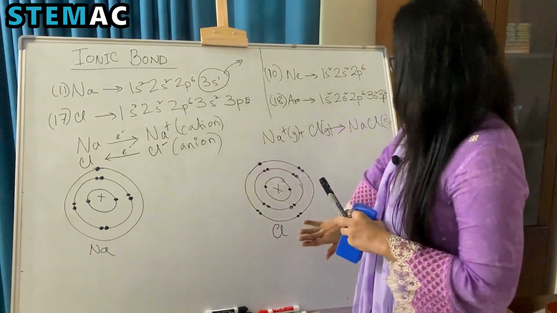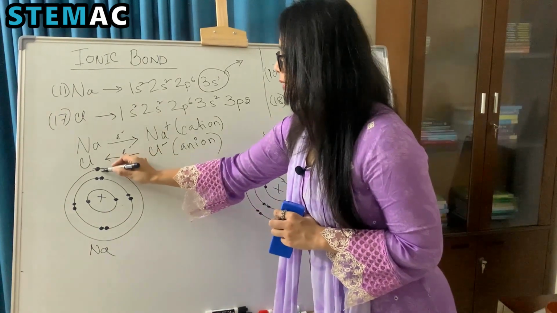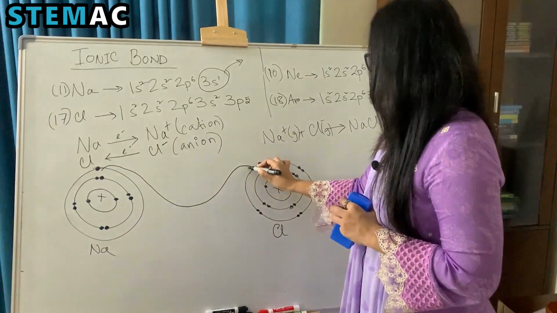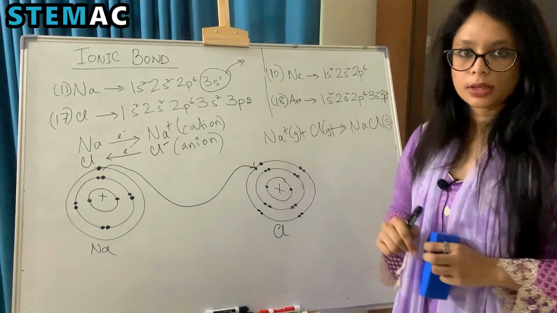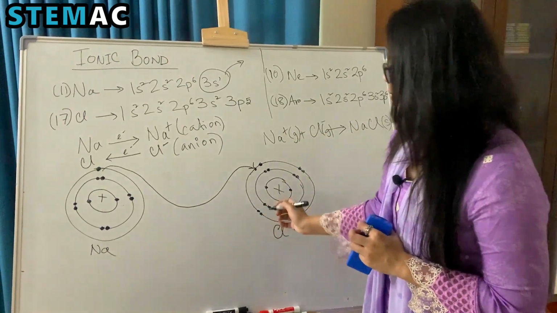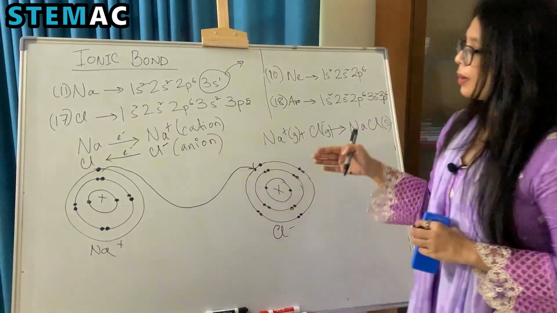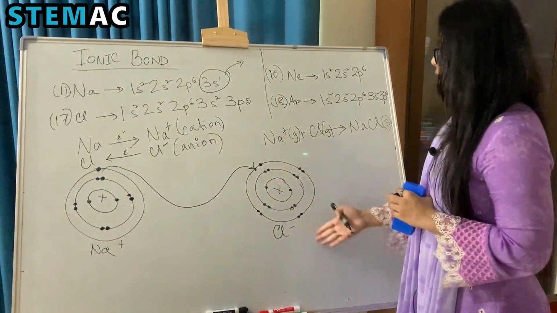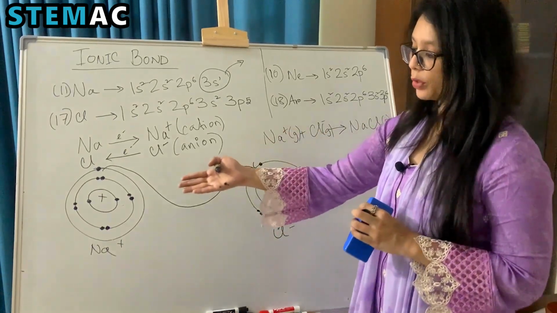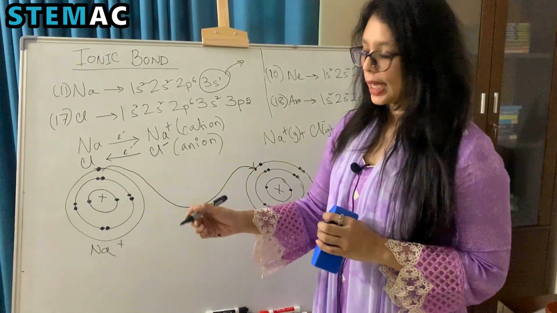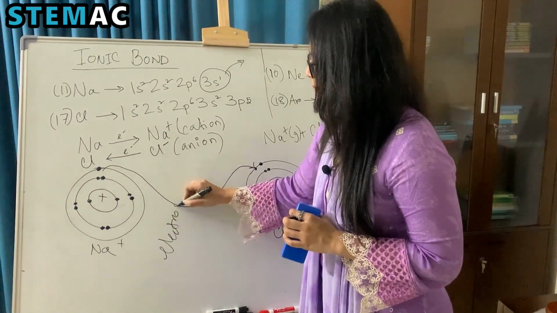To achieve the stable configuration like neon and argon, sodium donates its outermost electron to this chlorine atom, which is just one electron short of the octet configuration, and by doing so they become positive and negative charges. This attraction between the positive and negative charges is called the ionic bond, and this force of the opposite charges is known as the electrostatic force of attraction.